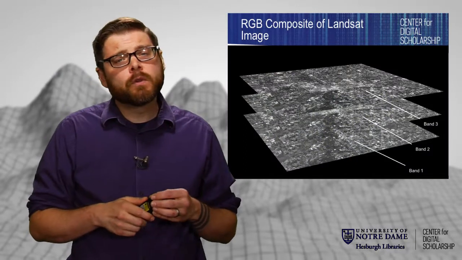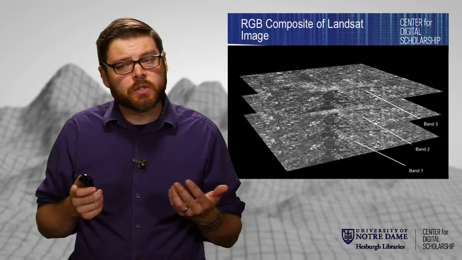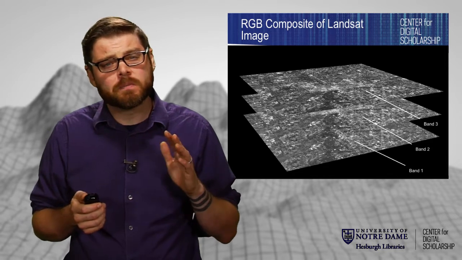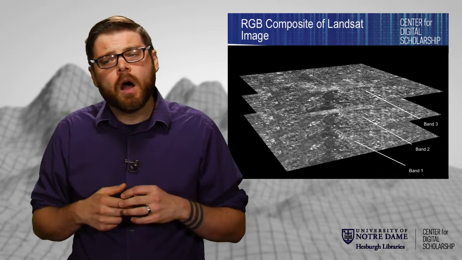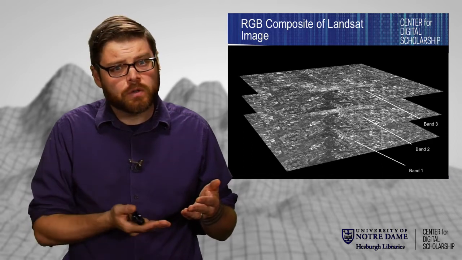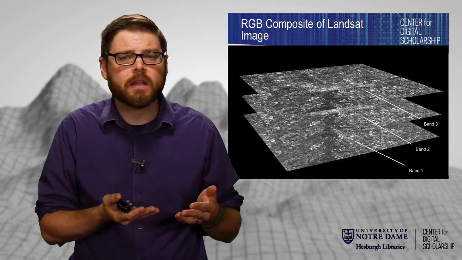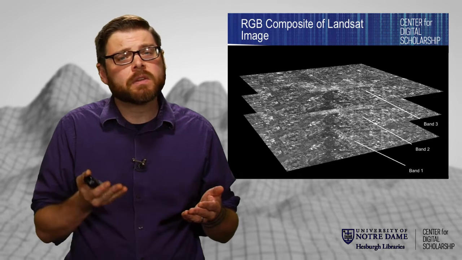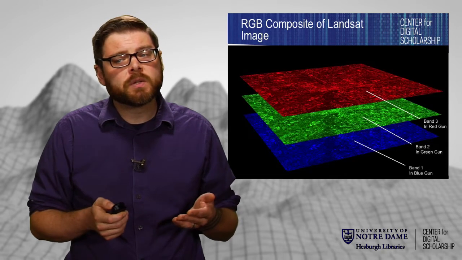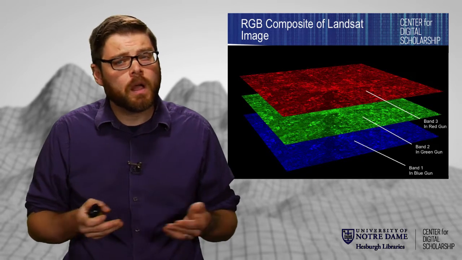If we're looking at a particular type of imagery here, in this case Landsat, a type of satellite imagery, we'll get to this much more in a later module. We might have 3 different bands of sensors that we've gotten from the satellite. And we can combine them together in the same way. We have band 1, band 2, and band 3. Each one goes into a particular color channel or gun.